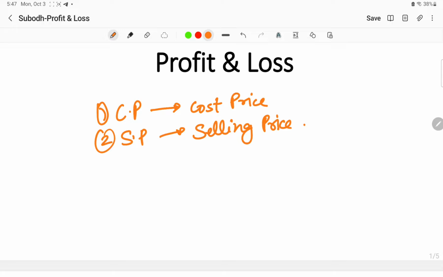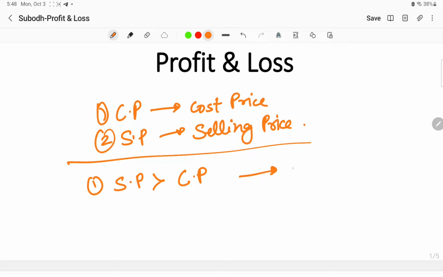Now another important thing in profit and loss. If selling price is greater than cost price, this event is a profit. So suppose you have apples which you have bought for 10 rupees and you are selling it for 12 rupees.